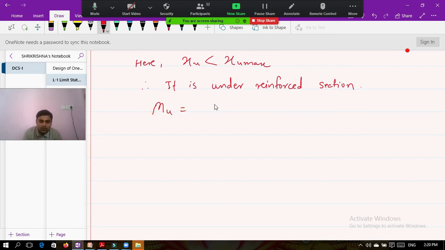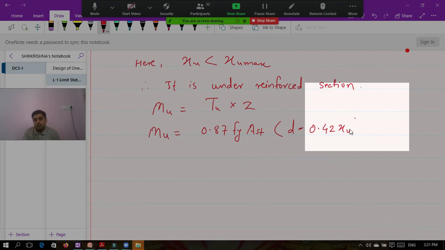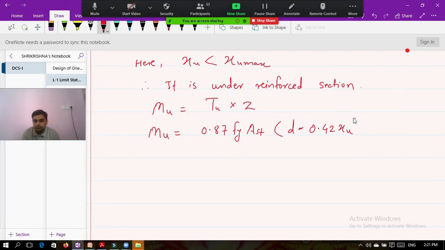Now, if the section is under reinforced, you can use the formula to calculate Mu. Mu is equal to Tu into Z. What is the formula for it? 0.87 fy Ast into (d minus 0.42 Xu). This is the formula. Just put the values now.